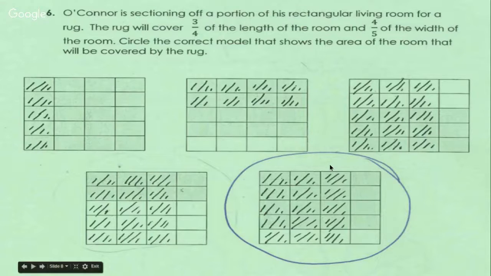And this is actually the only one that has 12 of the boxes shaded in with dashed lines as well. So this was the only one that modeled the correct answer as well as the correct factors for our multiplication problem. So this was our answer here.